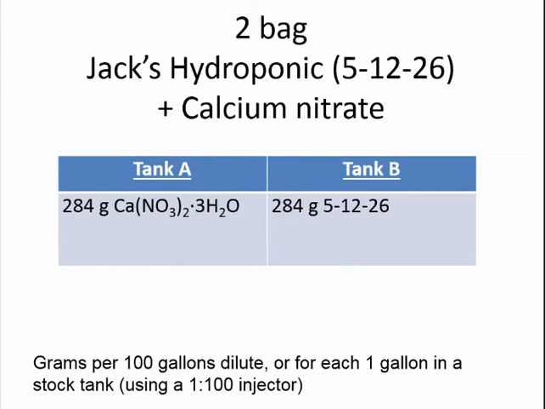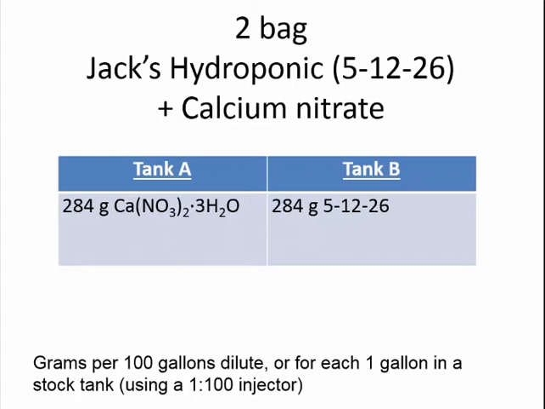Then a very common alternative is this 2 bag solution, and there are various hydroponic base feeds on the market. The example that I'll show you is Jack's Hydroponic 5-12-26. In this case, that nutrient solution has sulfates and phosphates in it, so we need to keep it in a separate stock tank from the calcium nitrate.